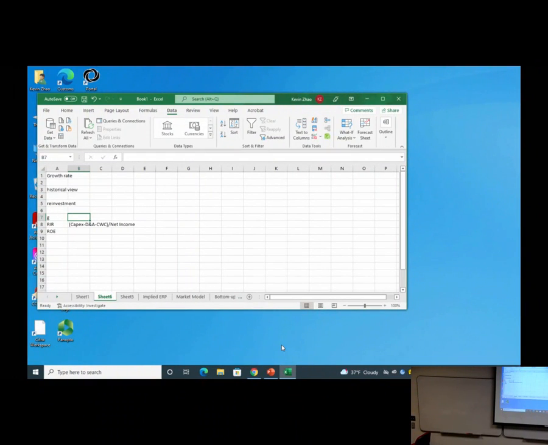Sales, EBIT, net income. Those are the most important things your audience wants to look at. And for the balance sheet, what do you want to put here? Total assets, total debt.